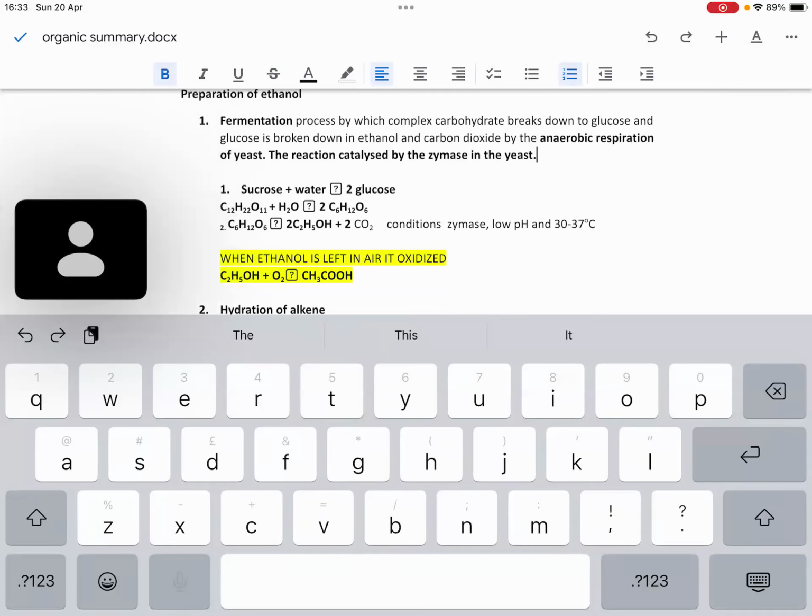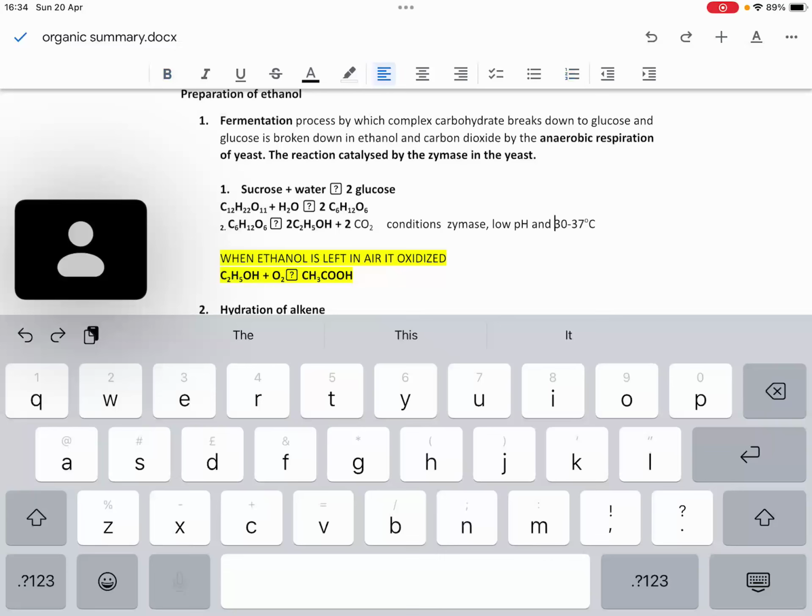They ask it one time in CAPE and one time in CSEC, where they're saying, listen, if they want 2 equations, you start off with sucrose first. Sucrose is C12H22O11, and you add water. That's going to produce 2 glucose molecules. Then the second equation is to react a glucose molecule with the yeast, and then you're going to convert the glucose molecule to 2 ethanol and 2 carbon dioxide gas.